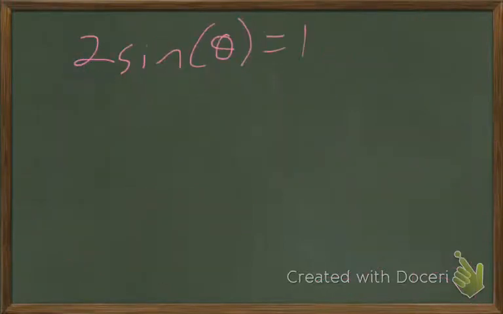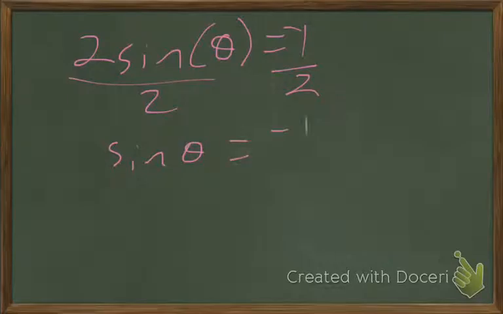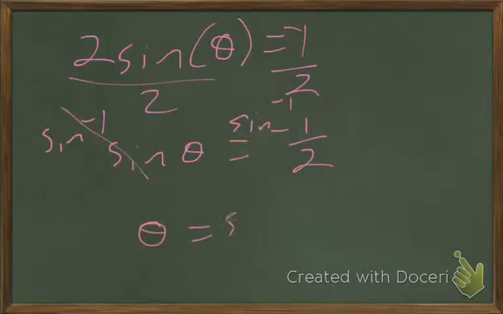Now the next two we have to solve. This is number 9. The first one is 2 sine theta is equal to negative 1. I divide by 2, so we have sine theta equaling negative 1/2. I want to get theta by itself, so I do sine inverse. Cancels, so theta equals sine inverse of negative 1/2.